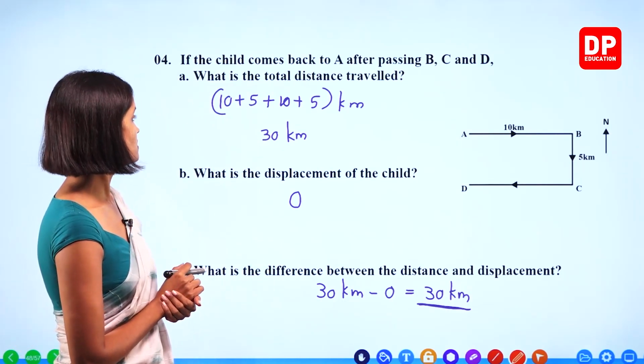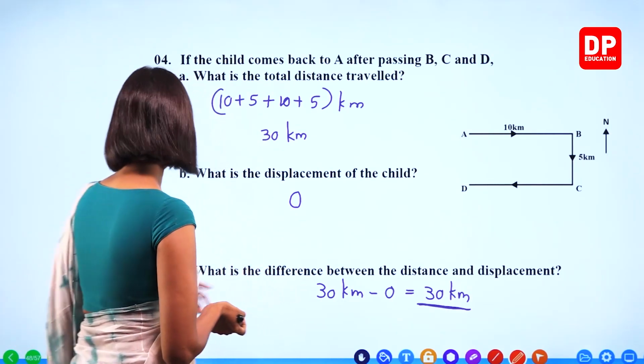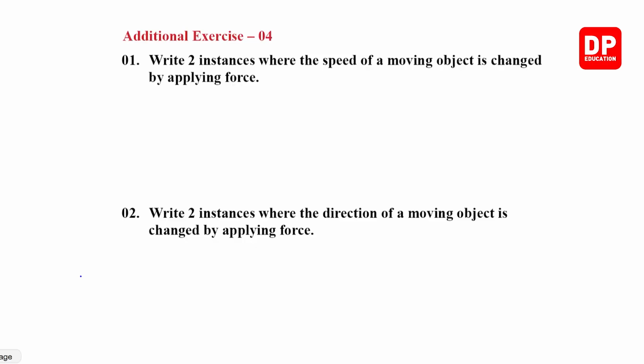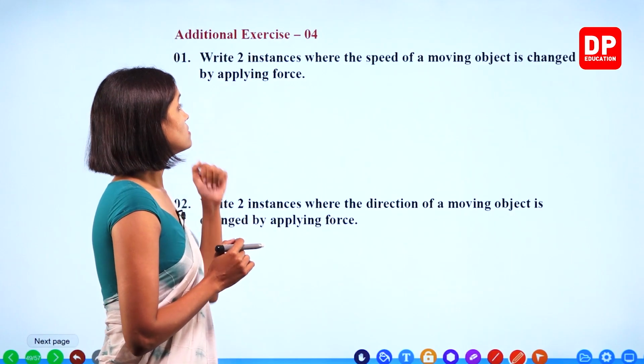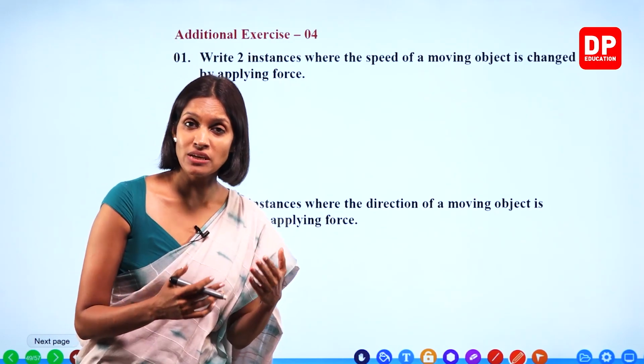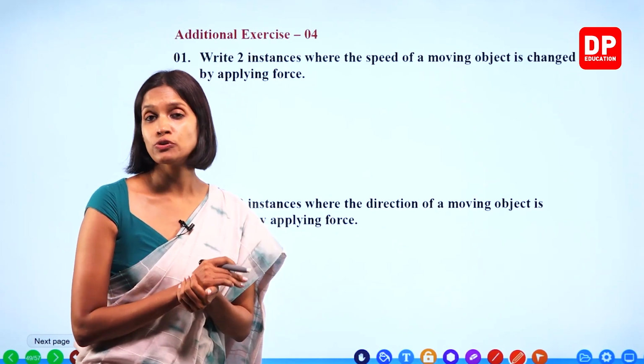Right, children? Okay, we'll move on to the next. Right. Exercise number 4. Write 2 instances where the speed of a moving object is changed by applying force. Okay, what are the instances? We can simply write, speed of the vehicle can be increased by, how do you do that?